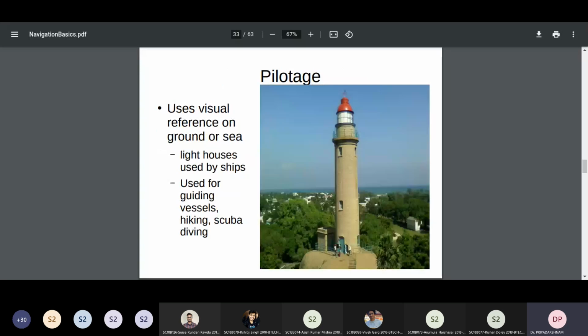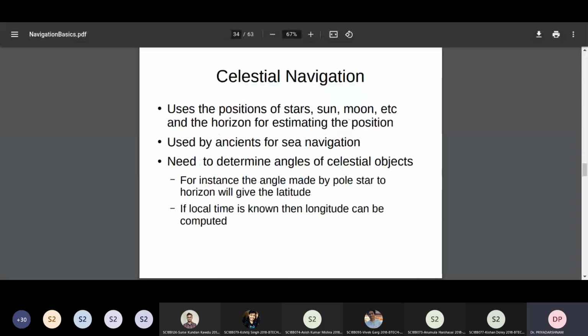In pilotage, you use a visual reference either on the ground or sea. You might have heard of lighthouses used for guiding vessels. This is one of the most ancient techniques. Celestial navigation is where the positions of the stars, sun or moon are used for estimating positions.